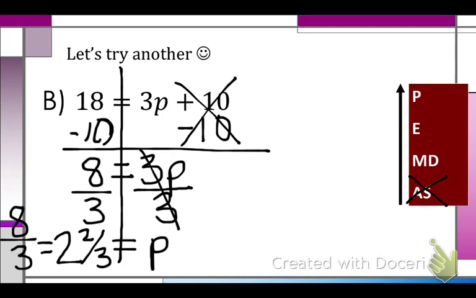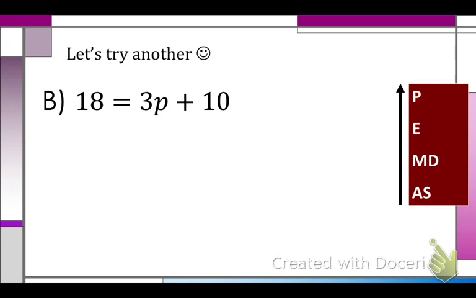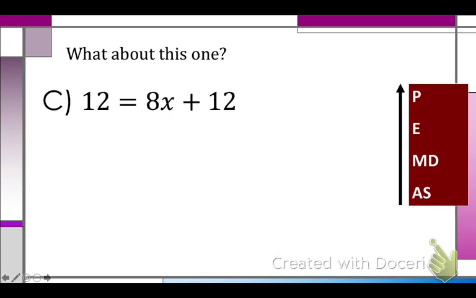So I would accept both of those answers, 8 over 3 or 2 and 2/3. I don't want you guys writing these as decimals because that would be a repeating decimal and you can't really write that out. So how about you guys give this one a try?